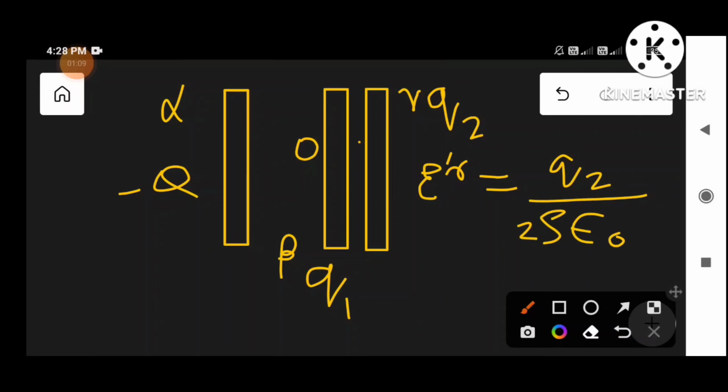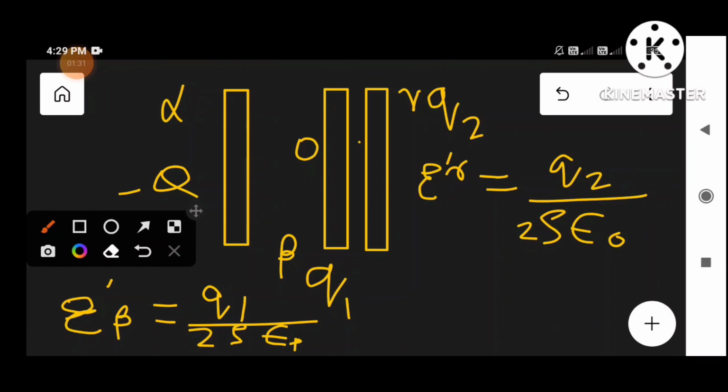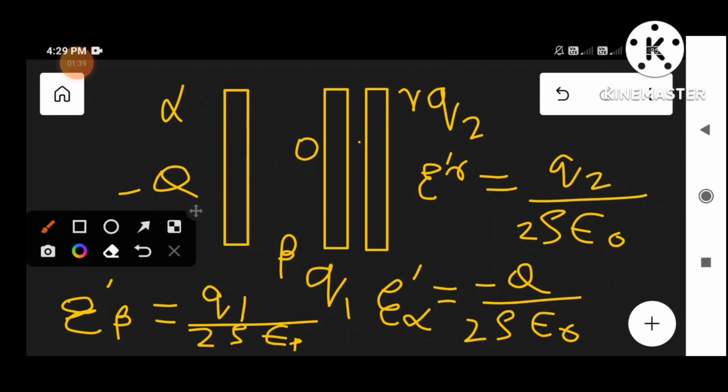Electric field at point O due to plate beta, the dash represents post impact parameters, is Q1 by 2s epsilon naught. And the electric field at point O post impact due to plate alpha is something like this, right?